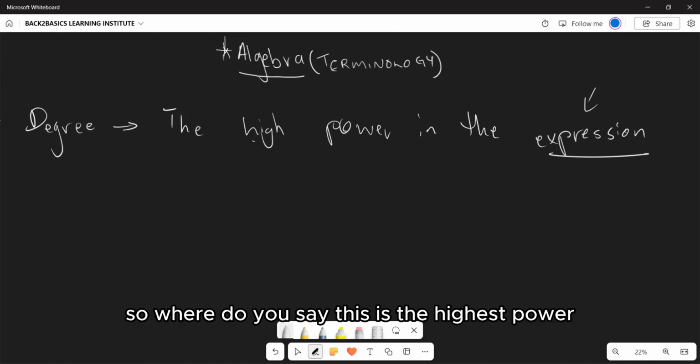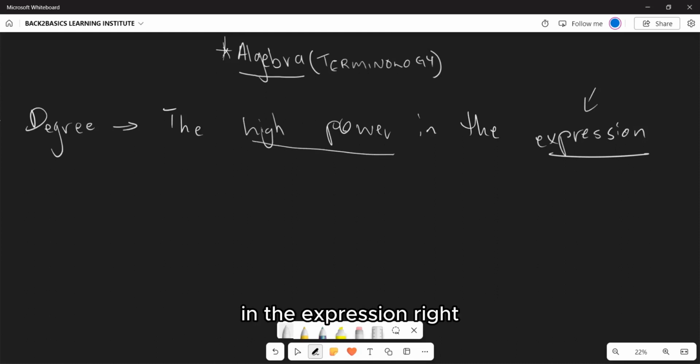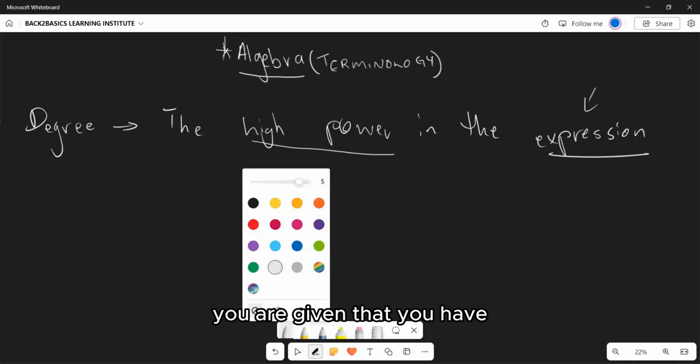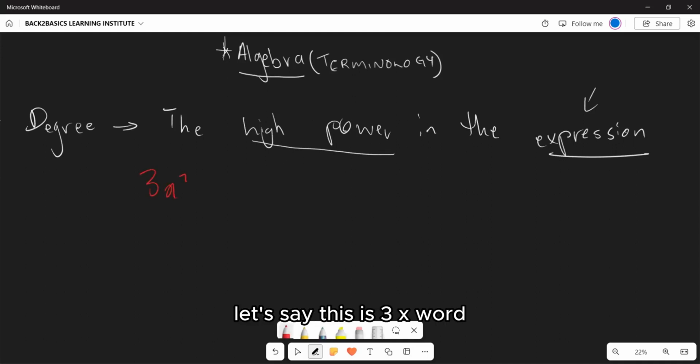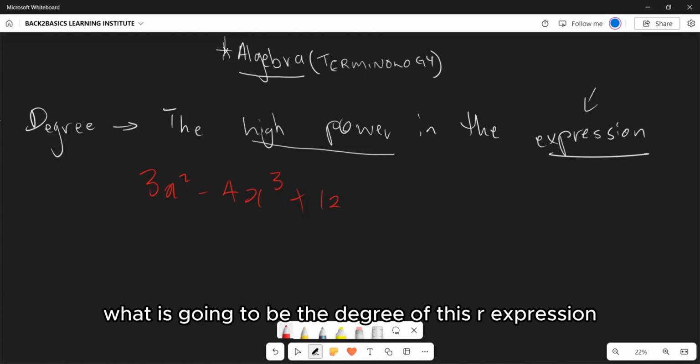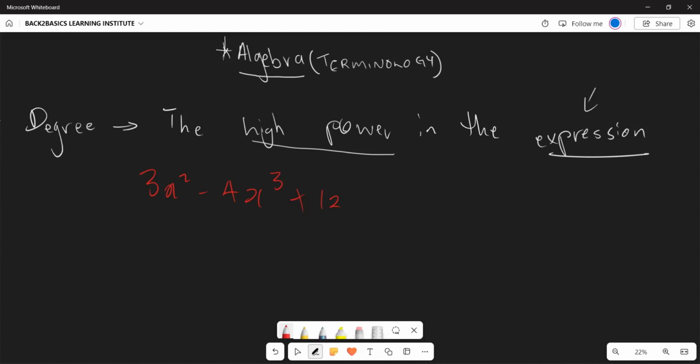So when you are saying this is the highest power in the expression, right? Now, let's say, for argument's sake, you are given 3x squared subtract 4x cubed, plus your 12 altogether. They are asking what is going to be the degree of this expression?